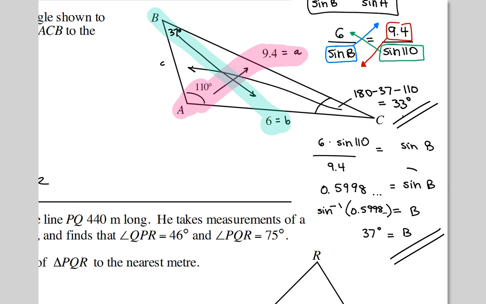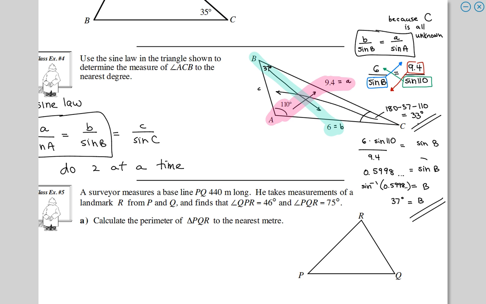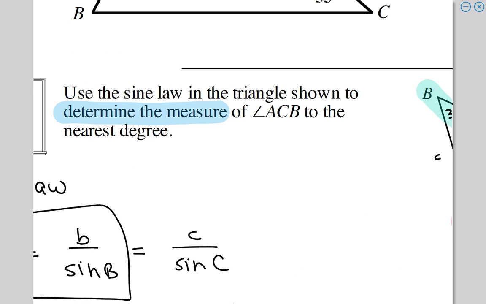Okay. Let's go back to the question. Let's just be careful, because sometimes kids mess this up. It says, determine the measure to the nearest degree. When you look at that symbol, what do you notice? ACB. Which one are they referring to? It's the one in the middle.